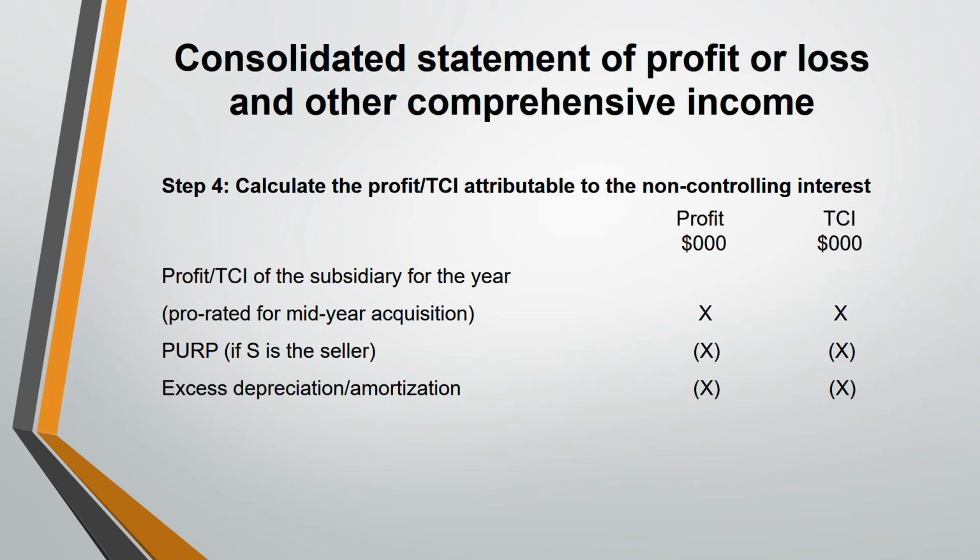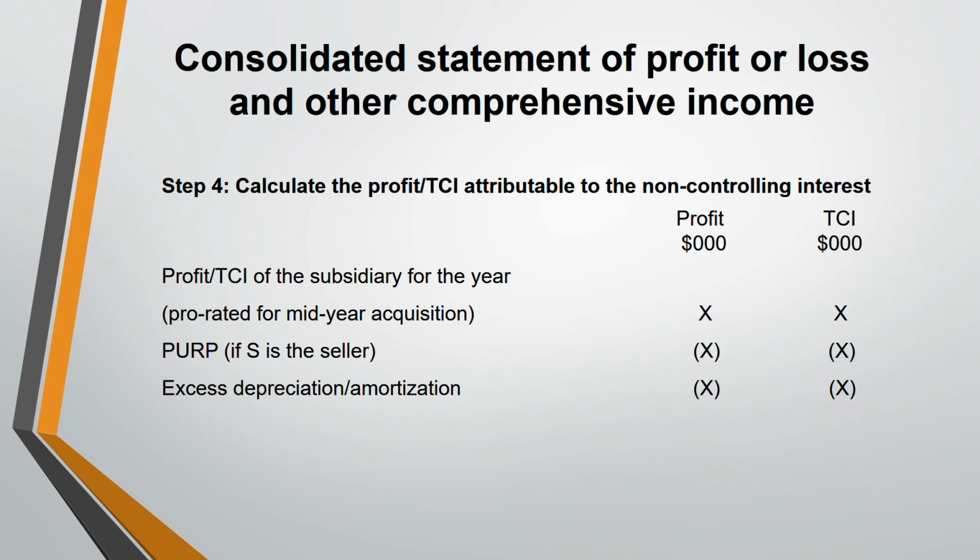And excess depreciation and amortization. If there is any excess depreciation or amortization, because fair value movement may be, right? Fair value changes and all, if anything is there, because of that fair value movement, there is excess depreciation or amortization of intangible asset, it needs to be deducted from the profit of subsidiary.